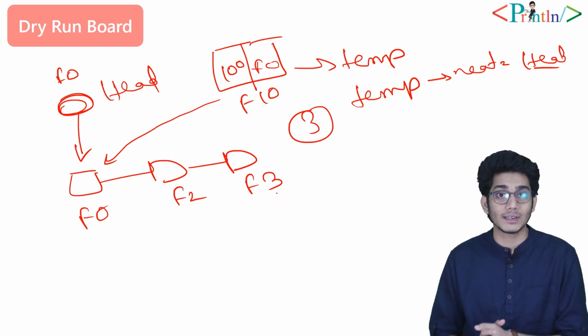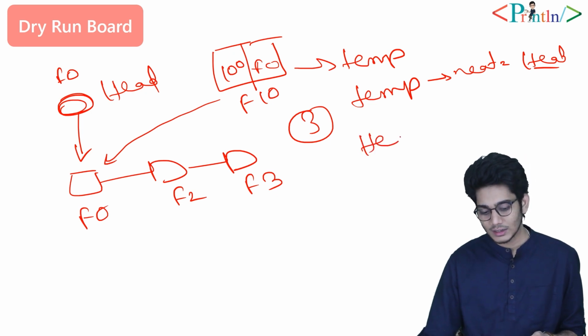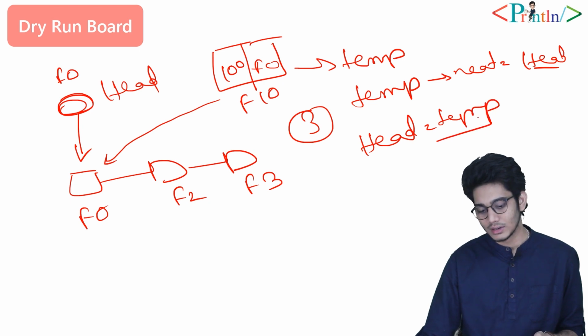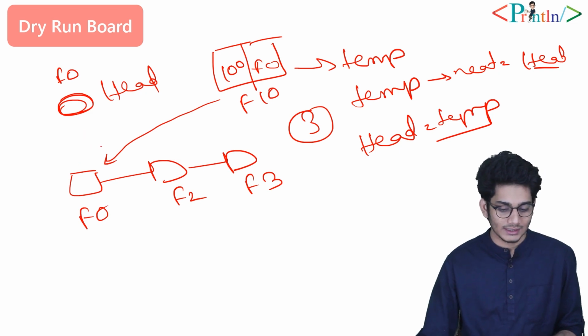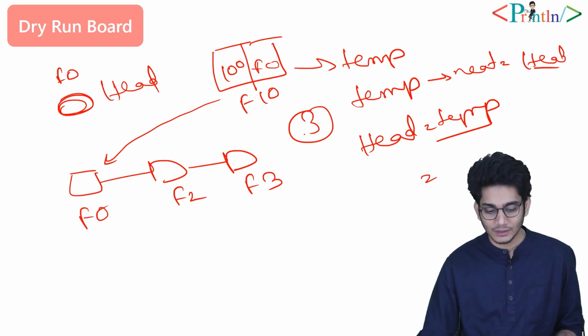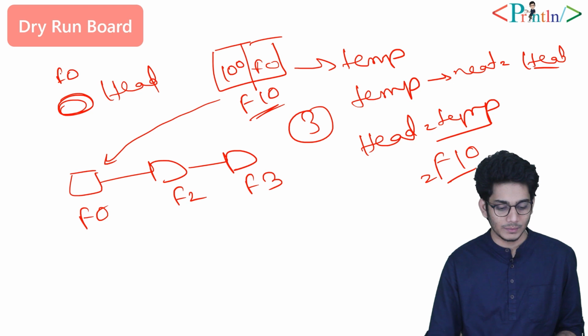Now there is another step that we have to perform. We just have to write head equals temp. Now if we write head equals temp, the head will contain the address of temp, that is f10.